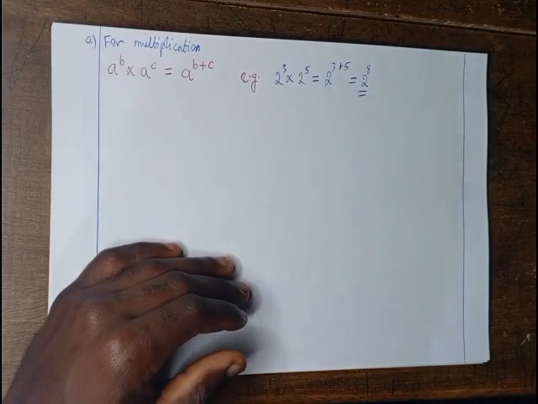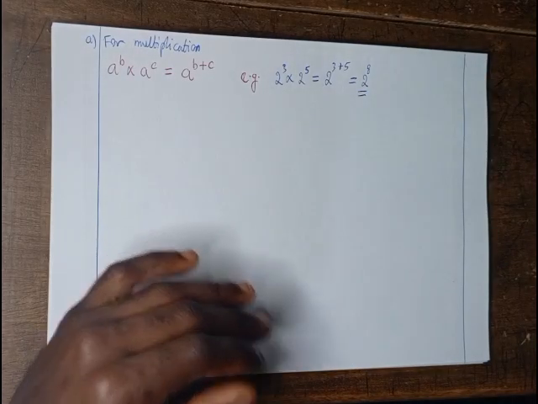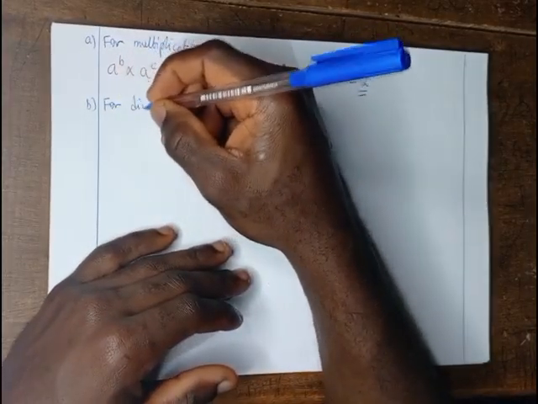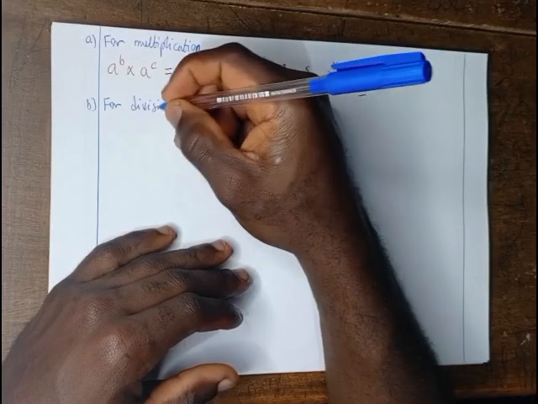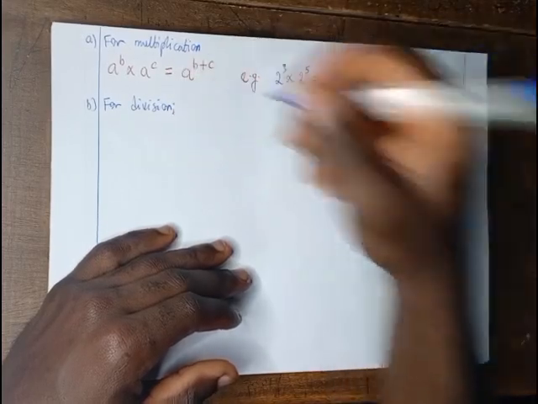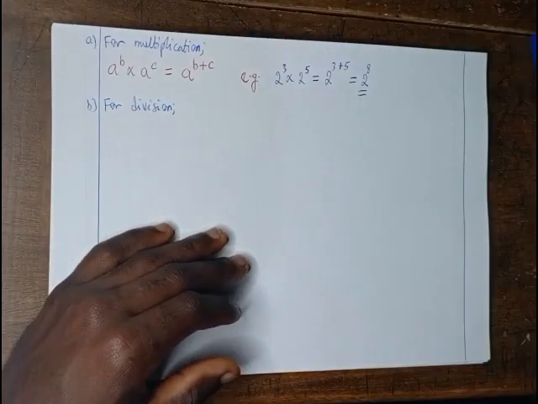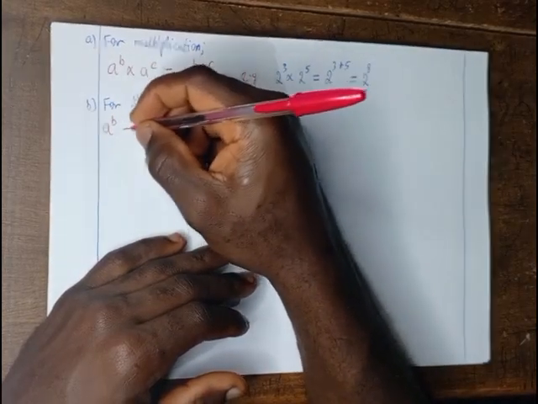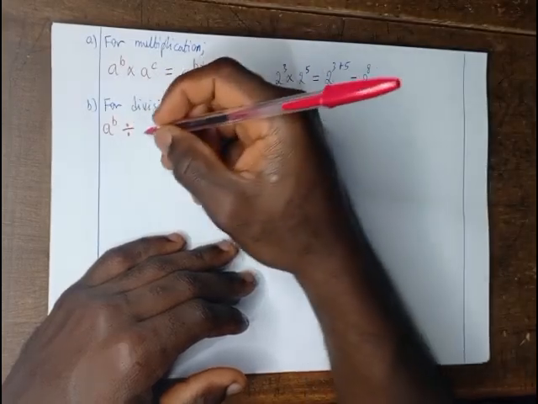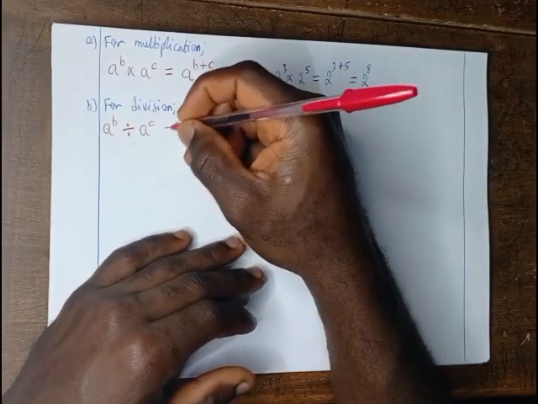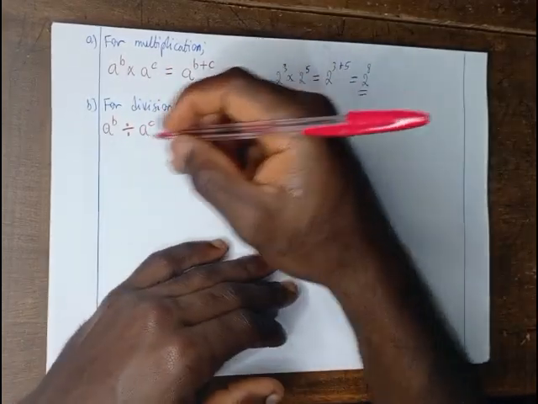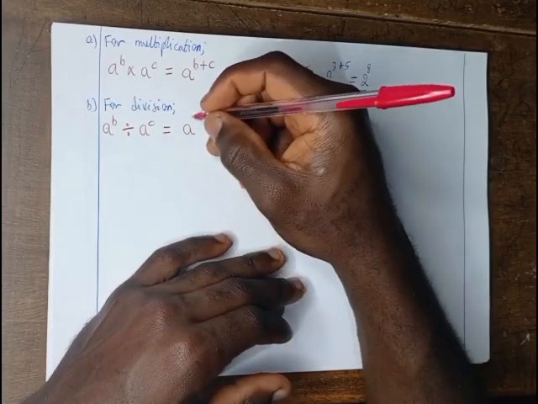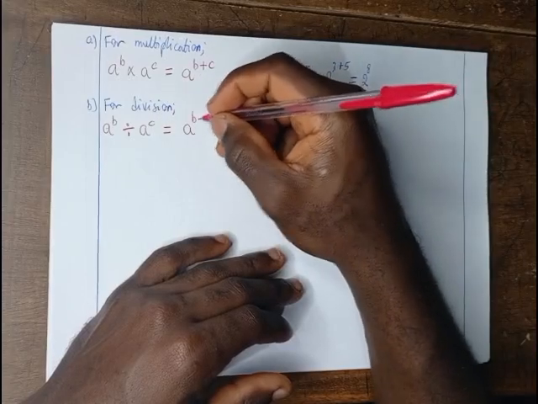We go now to the next one, b, for division. a power b divided by a to the power c would simply be equal to, we are going to maintain the base, then we subtract the powers, b minus c.